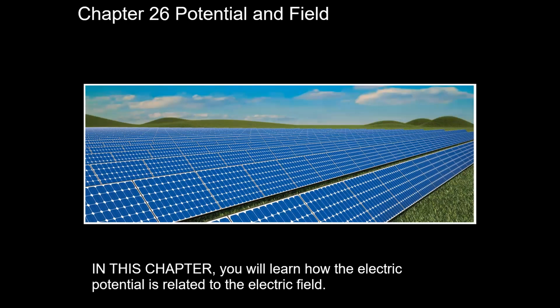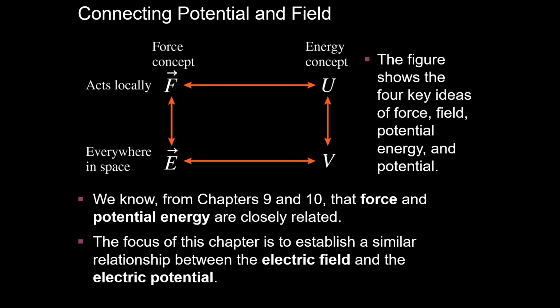The first one I want us to start through is this little diagram here. Now, in this diagram, we've got several different connections between these concepts that we've introduced. The top two, F and U, those are connections that we made in Physics 1, relating the force that a massive particle feels to its potential energy that may be increasing or decreasing.